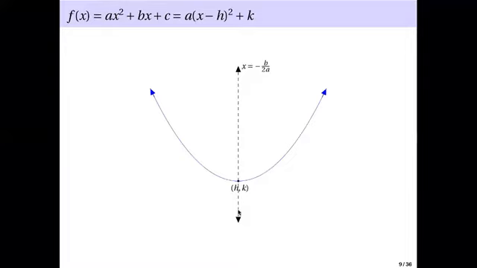So, any questions so far? Let us look at this. Let us sketch the graph of f of x equals x squared plus 2x plus 2.